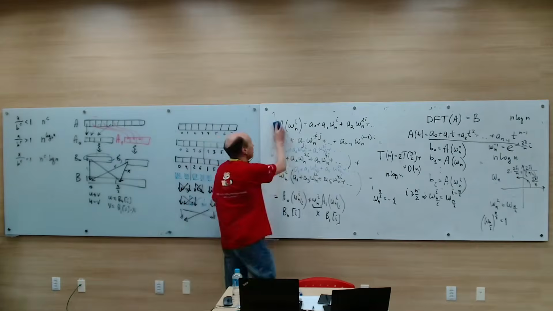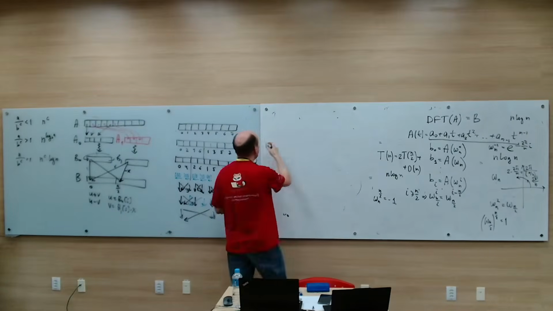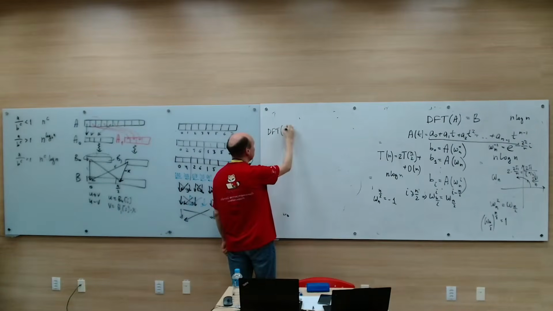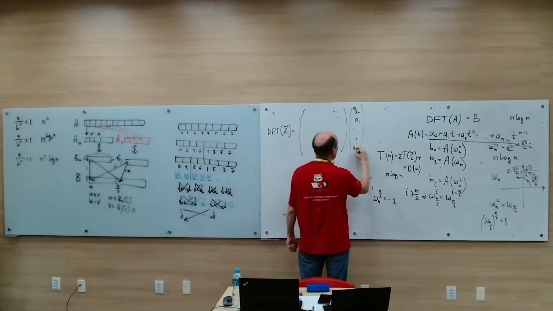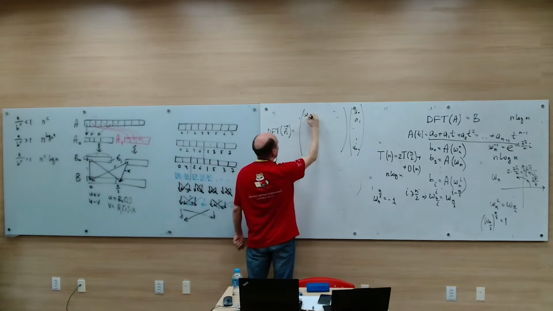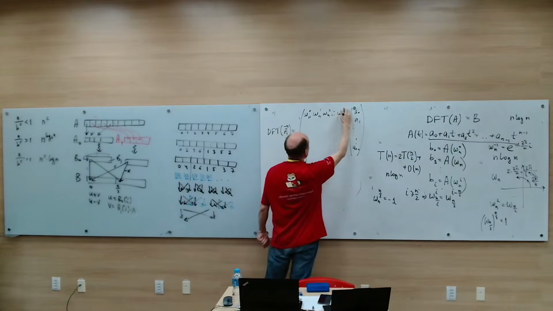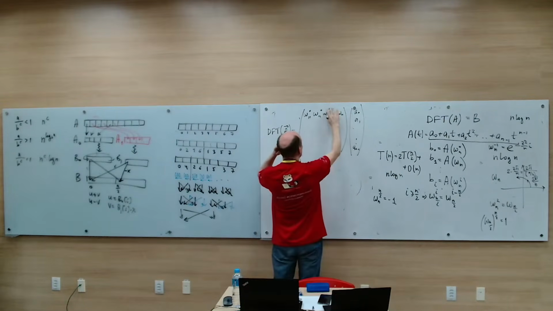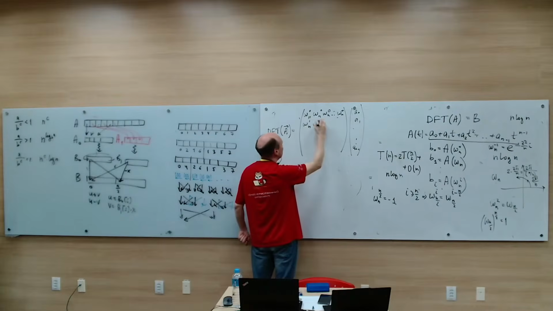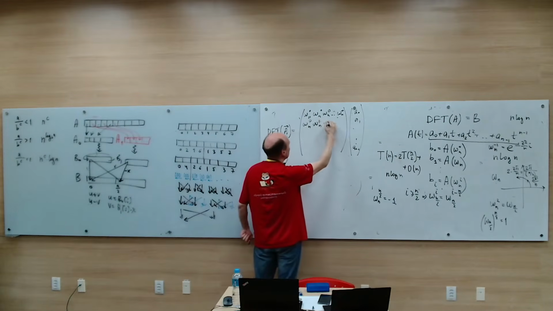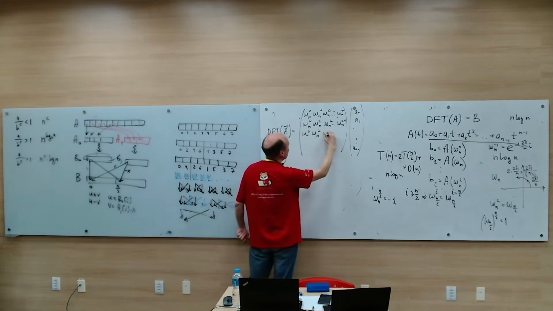If you look carefully, you can see that evaluating f of t, the DFT of a seen as a vector, can be seen as matrix multiplication: a0, a1, up to a n minus 1, and here is omega to the power of 0, then omega n to the power of 1, 2, and so on, up to n minus 1, and for the next row omega n to the power of 0, 2, 4, and so on.